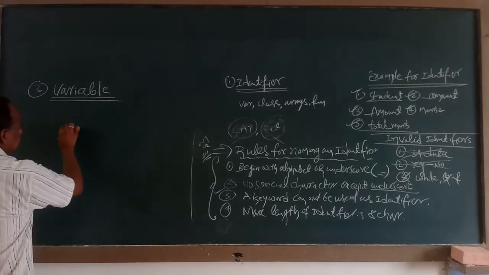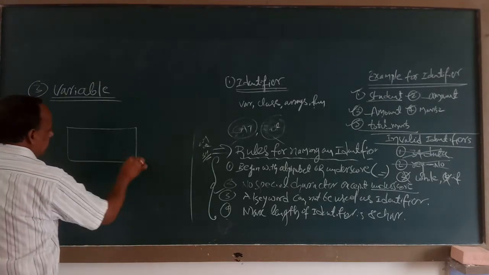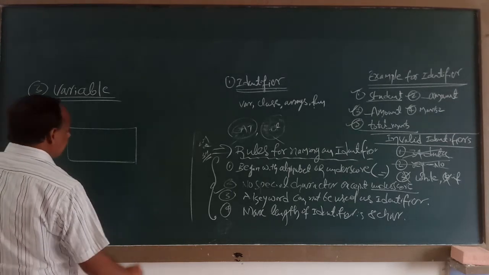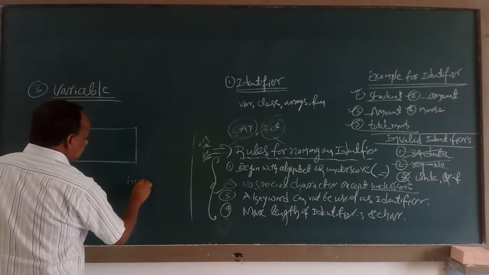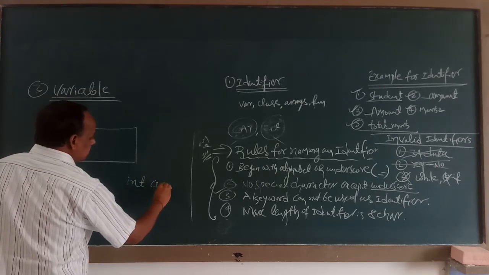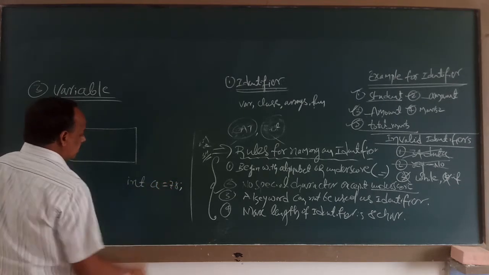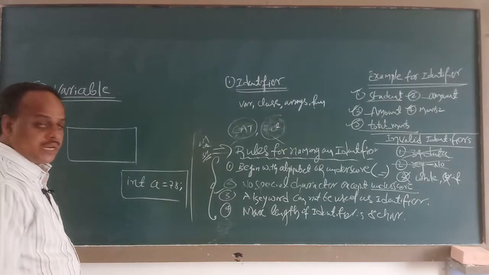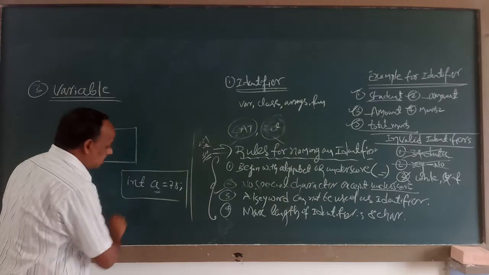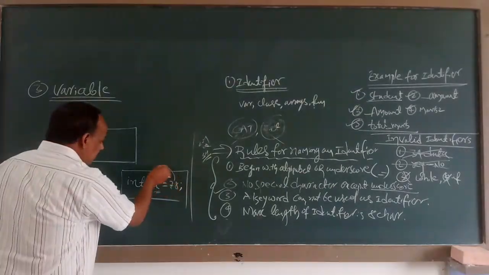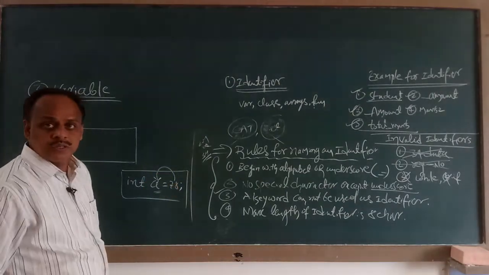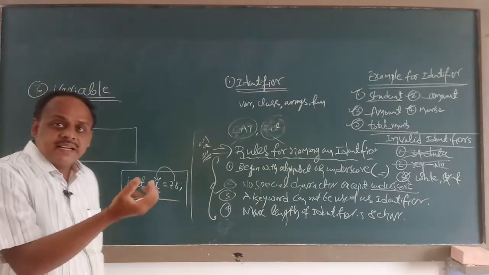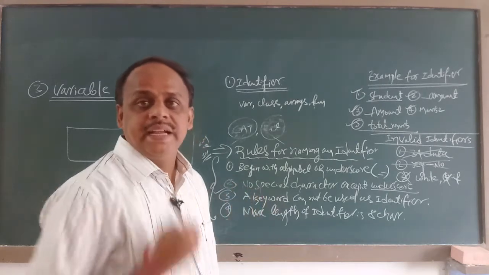Suppose this is a computer memory. Suppose I declare a variable: int a = 78. This is a valid C++ statement. Here I am declaring a variable called a and assigning the value 78 to a. This is an integer type, which means it is going to hold an integer value.